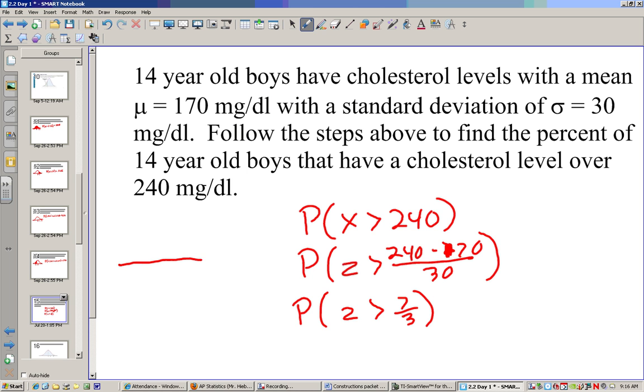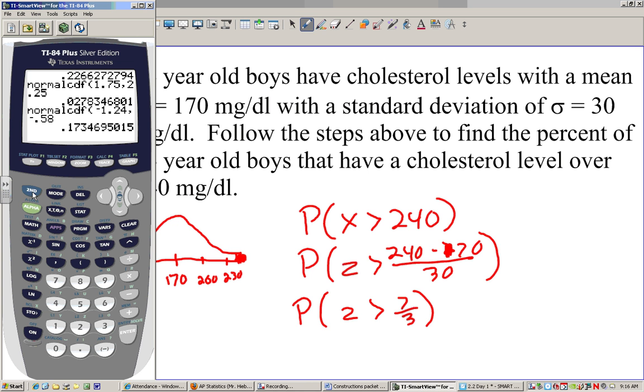So if I drew this out, there's two ways you can draw it out. You can draw it out using the x values or the z values. Let's try this one with the x values. If this is 170, one standard deviation would be at 200, two standard deviations would be at 230, so 240 will be out here. So we know this is going to be a pretty small number.